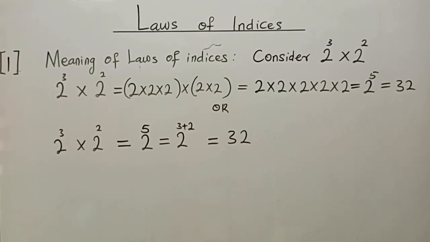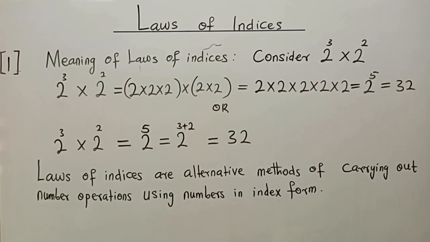What is law of indices, or what are the laws of indices? What is their meaning? That is what we seek to achieve. Here it comes. Laws of indices are alternative methods of carrying out number operations using numbers in index form.